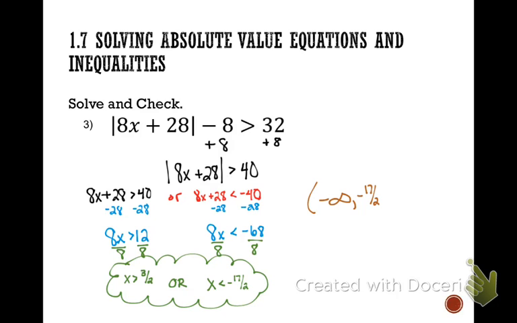Is it a bracket or a parenthesis? Parenthesis. So negative infinity to negative 17 over 2. Or 3 over 2 to positive infinity. Get accustomed to writing it in interval form. Okay? Inequality form is great, but you're going to use interval form a lot more than you do anything.